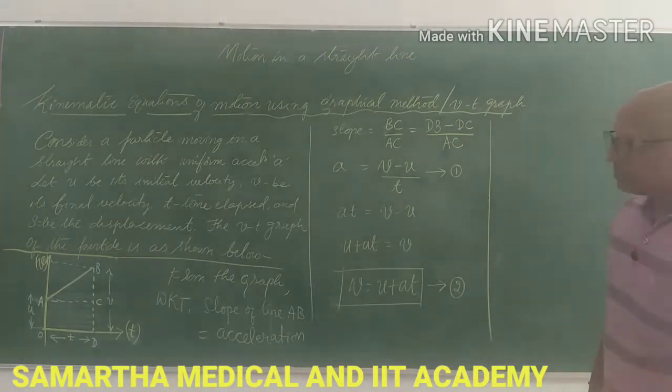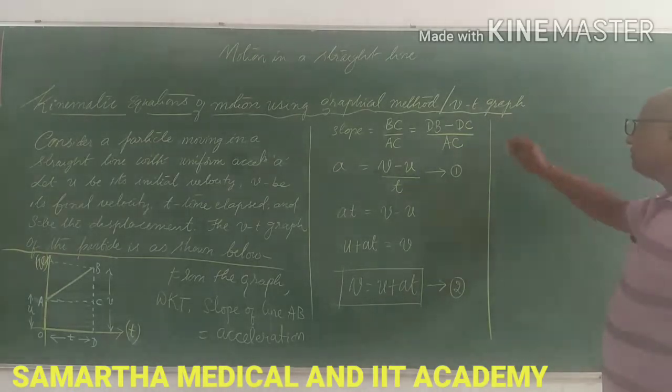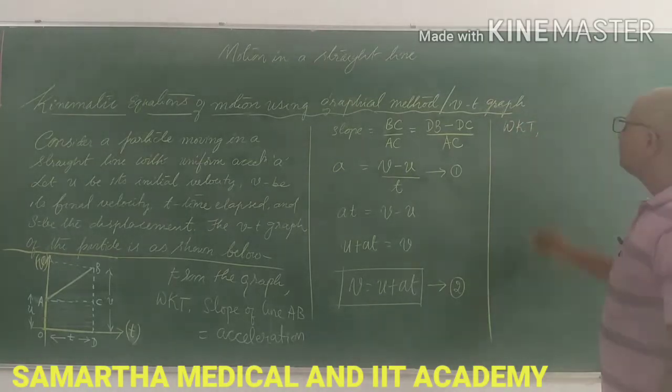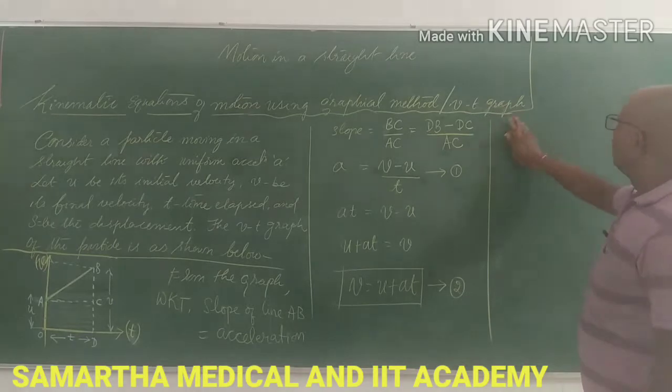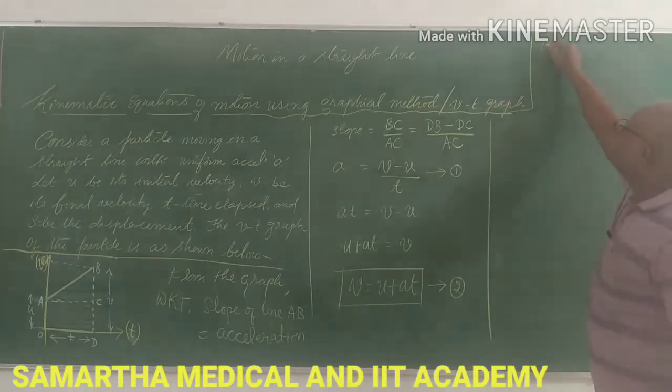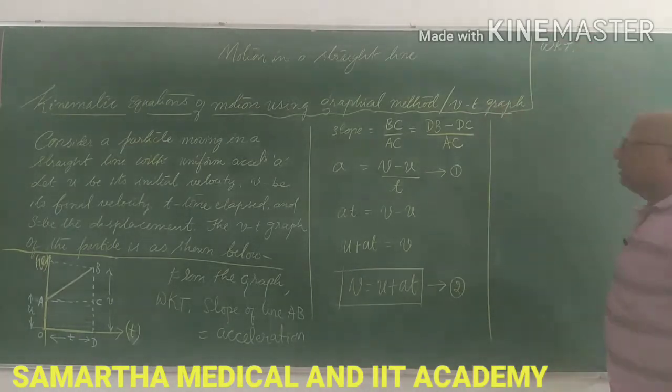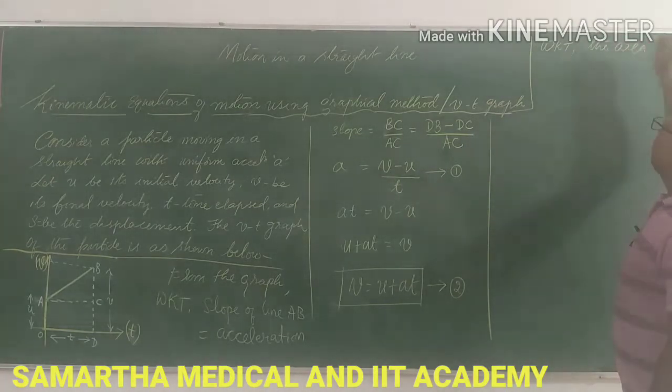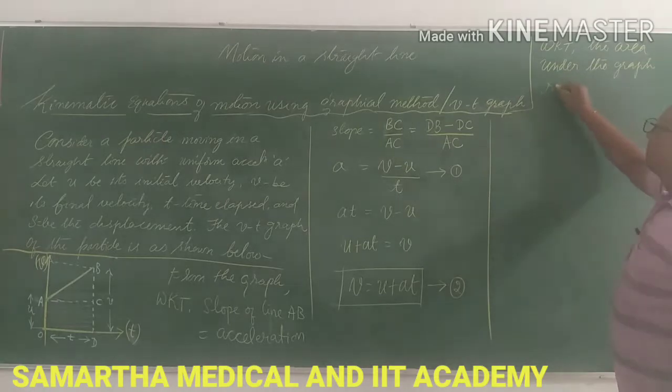Don't think that the derivation is over. The remaining two equations have to be derived. Yes, now we will come to the second fact. What do we know? We know that the area under the graph represents displacement, right?